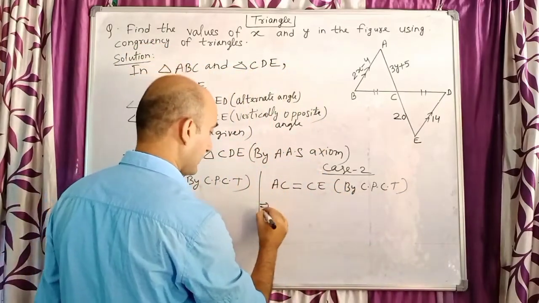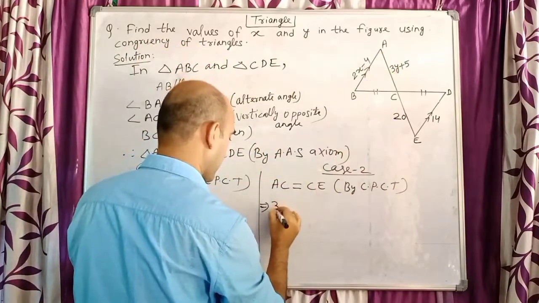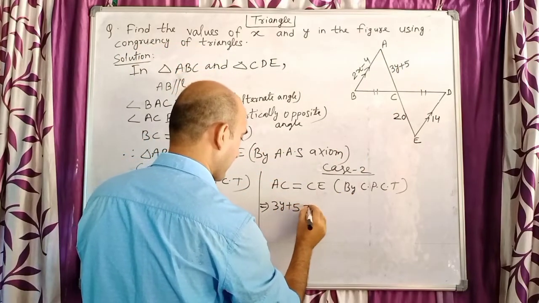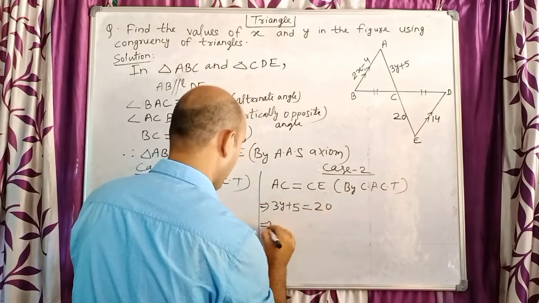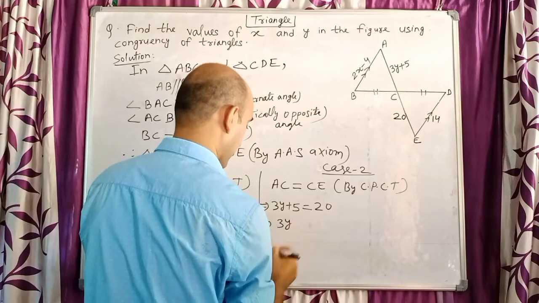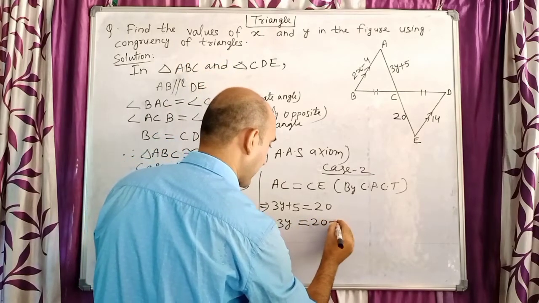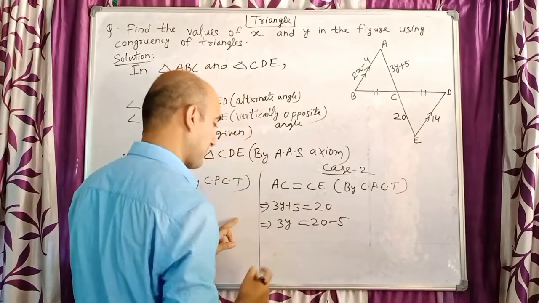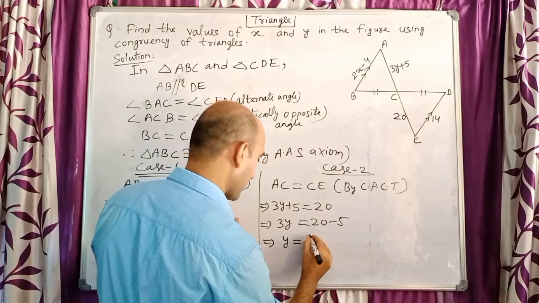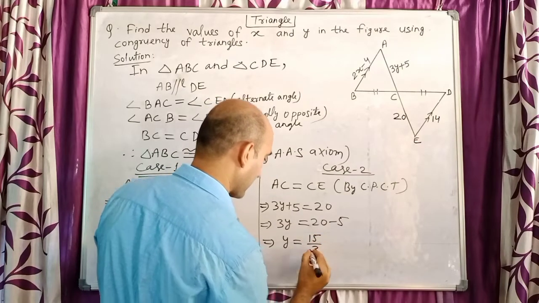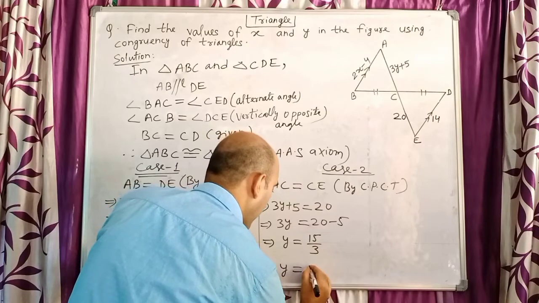So value of AC is 3y plus 5, and CE is 20. Now from here we will get the value of y. 3y equal to 20 minus 5. This 5 came here and became minus. Next, y equal to 15 by 3, and finally y is 5, because 3 fives are 15.